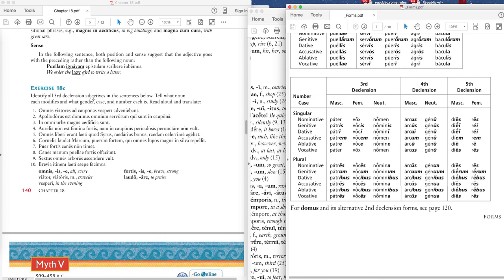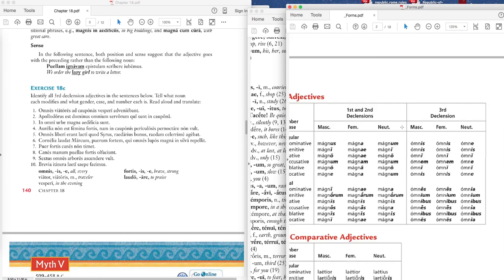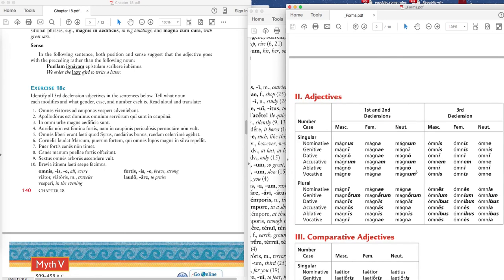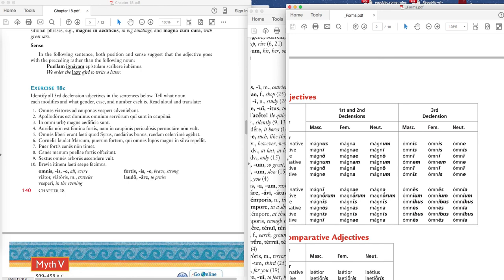So urbe is ablative, and we just said that omni is also ablative. We see the omni forms for the ablative right here. So omni and urbe are a match: ablative, singular, and feminine.